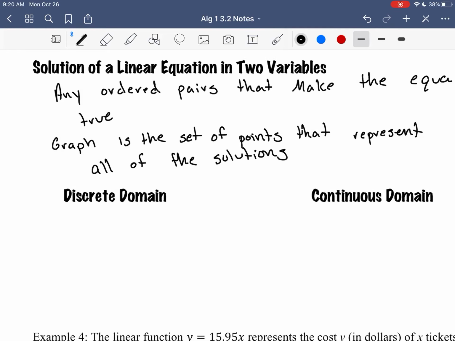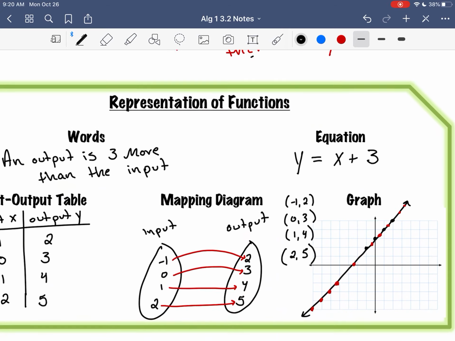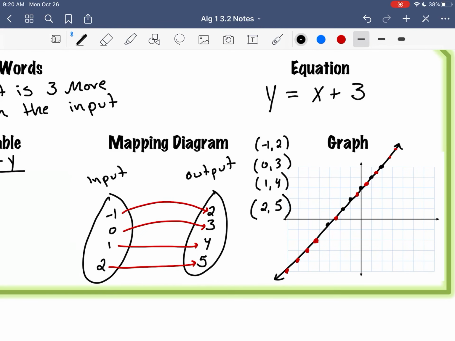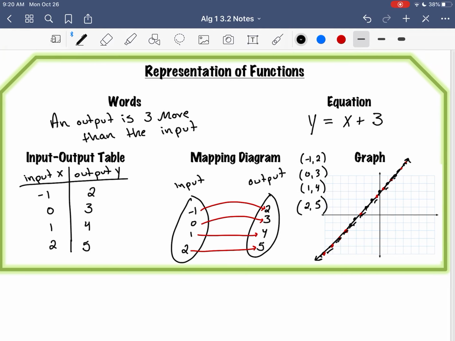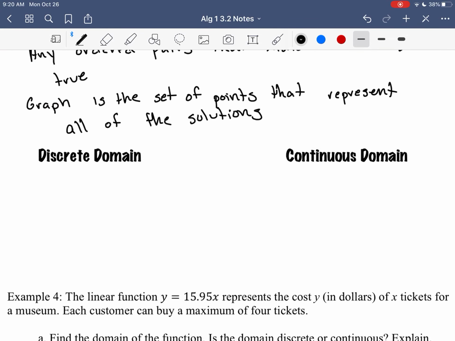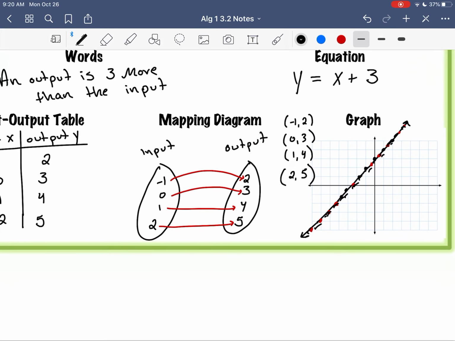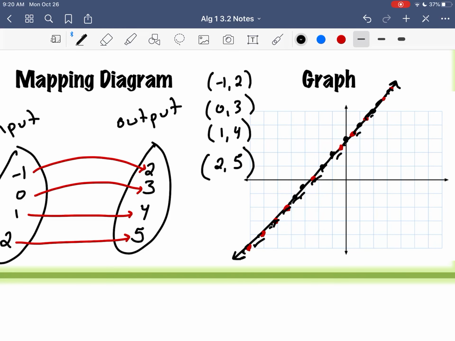Like in this one over here, this had an infinite number of solutions because any of the points along here would work. So this graph is a picture of all of the possible solutions. This is a good example of what we call a continuous domain, because the domain is any number here and every number in between.